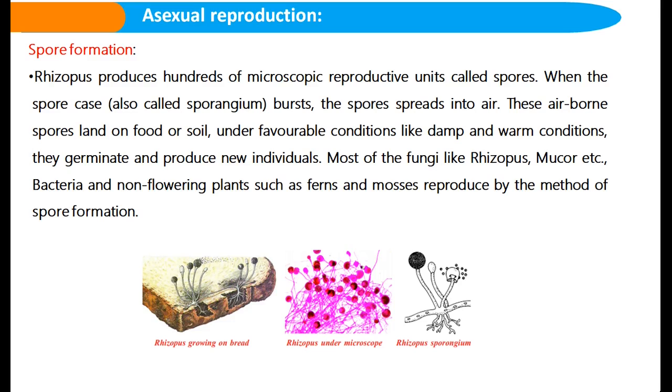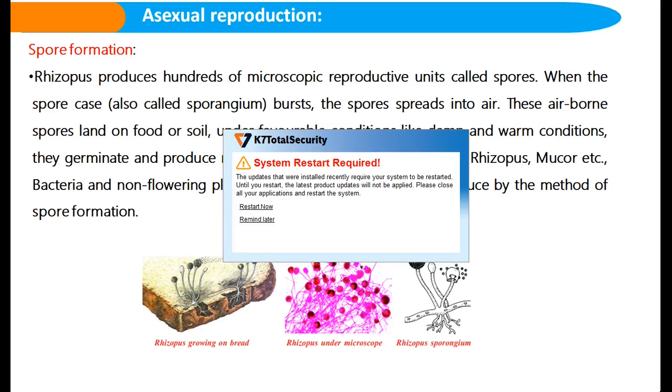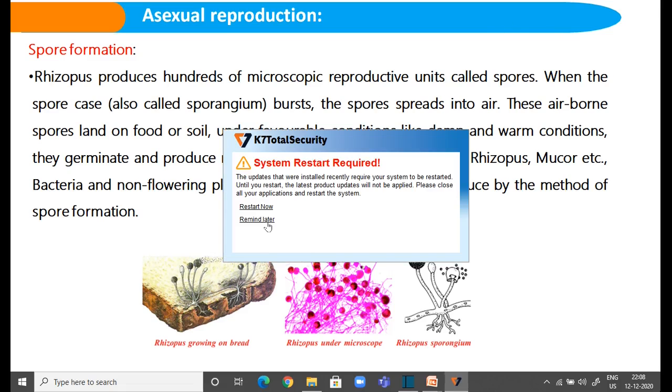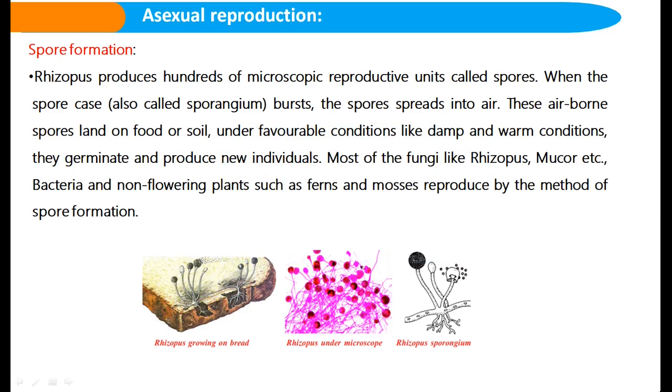To observe the spores, let's perform a small activity. Take a bread piece and leave it for 2 or 3 days provided with moisture, air and warmth. After 2 to 3 days, we can observe whitish thread-like growth with masses of black, grey or green fine dotted structures.